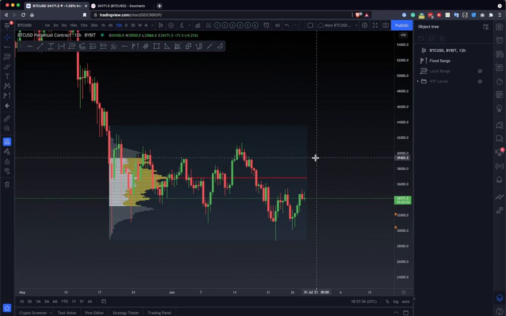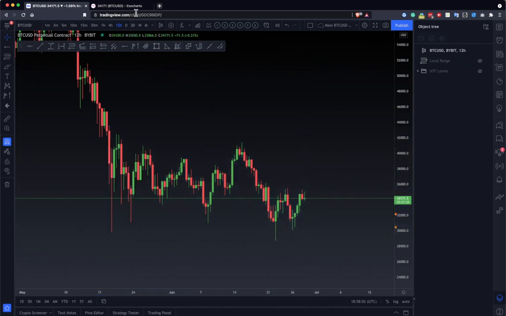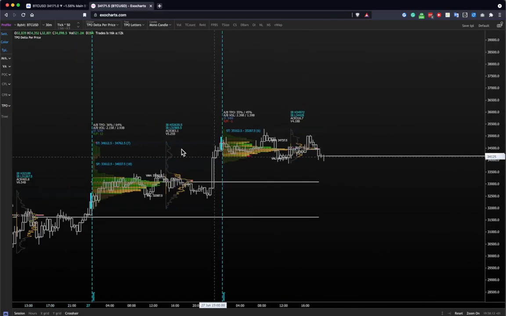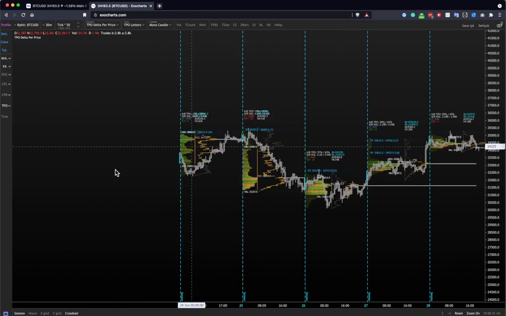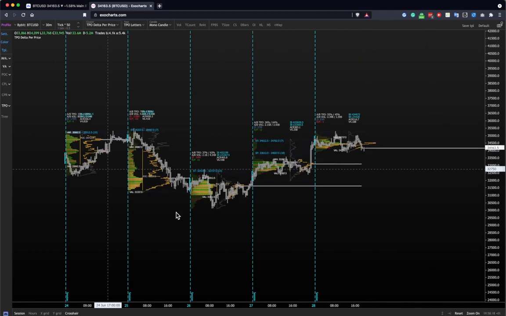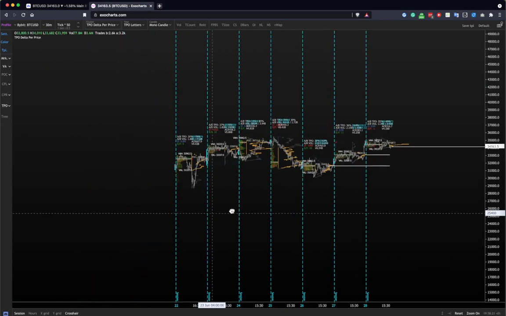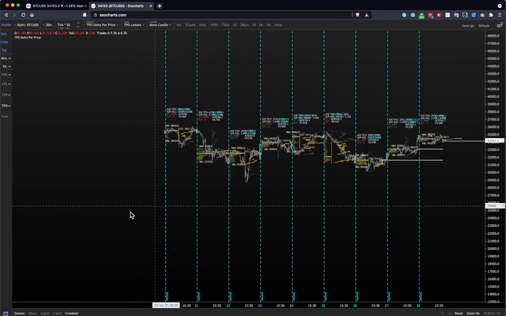So we have the value area high here, value area low here, but for now I'm going to use Exocharts. So I have to go back to the first day that we came into this range, which was May 19th. So let's load our data. This is where my system might get a bit laggy.